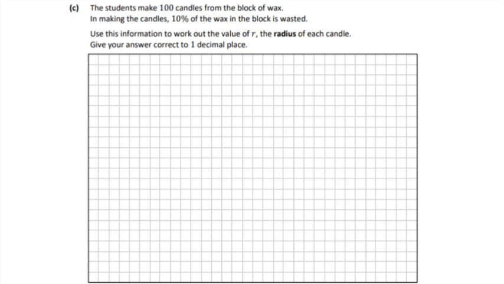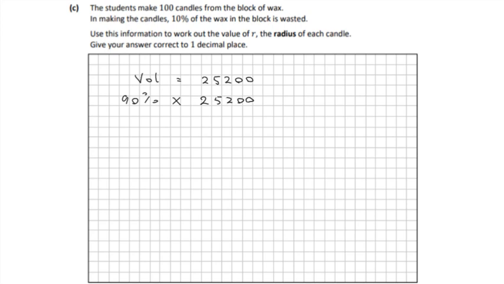So the original volume of the box is going to be 25,200. 90% of that, as we have 10% wasted, okay, so we're going to multiply it by 90%.